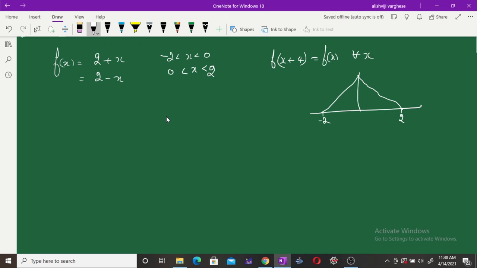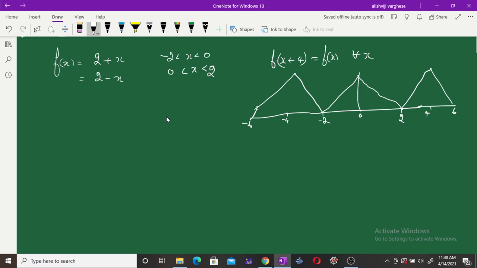Outside the interval this is going to repeat like this, up to 4 and 6, and again on the negative side we have the repetition, minus 4, minus 6. So this is the concept of the periodic function.